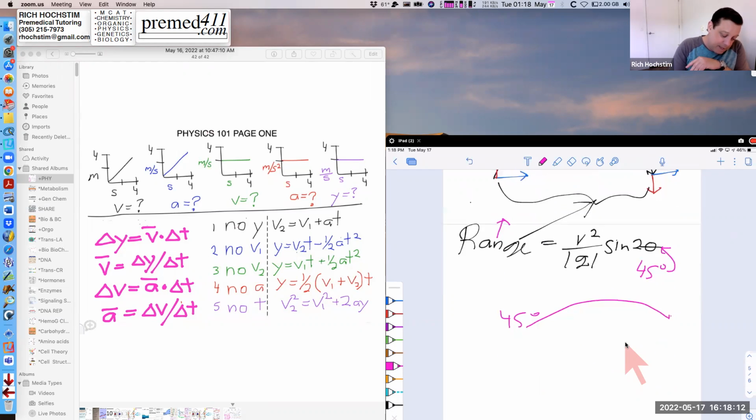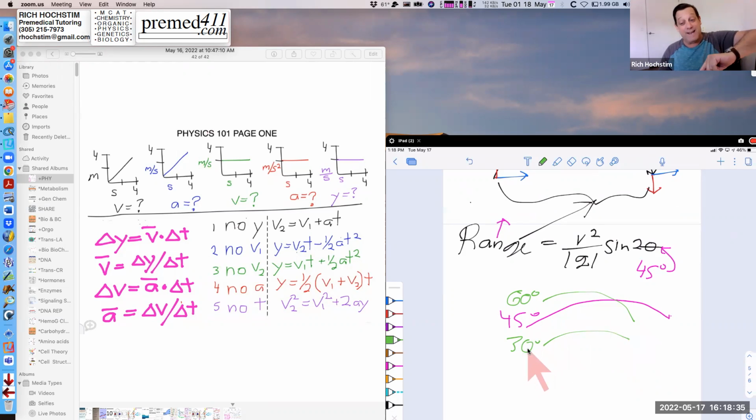But then if we go to 60 degrees over here, or we go over here to 30 degrees, the range will decrease. The reason for this is that at 60 degrees, it will be in the air longer, but it won't get as far.